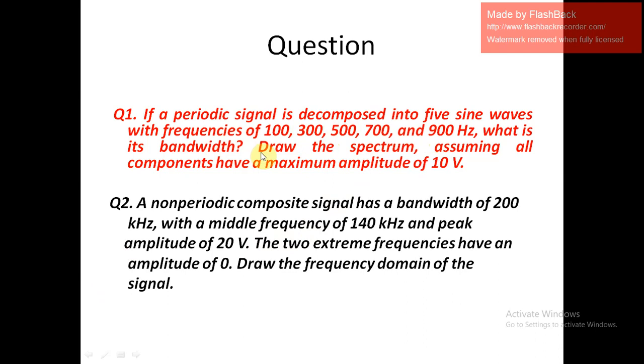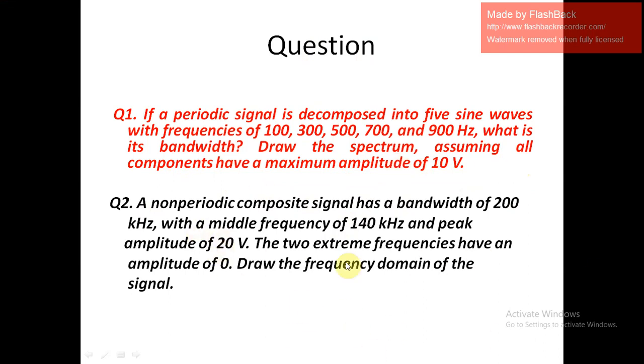From the definition we know the bandwidth is the difference between highest and lowest, so the answer will be 800. You can draw the spectrum, and since it is periodic, it will be a line spectrum. It is given that all the components have a maximum amplitude of 10 volts, so the amplitude will remain the same for all the line spectrums.